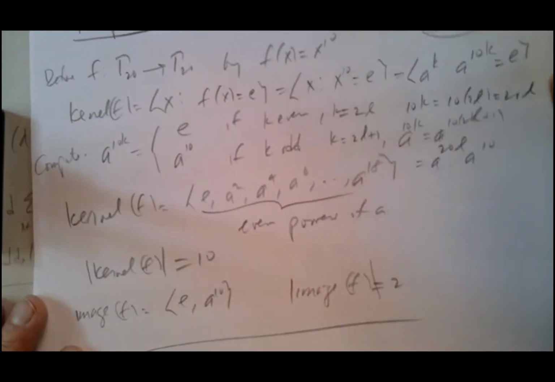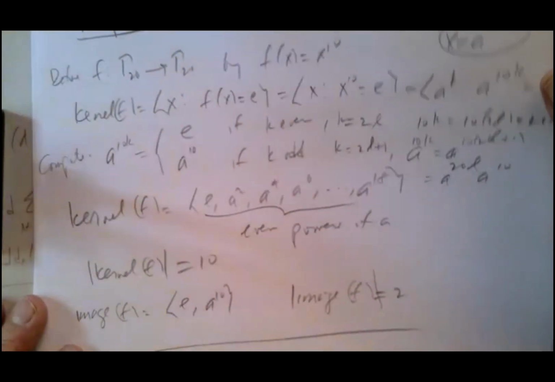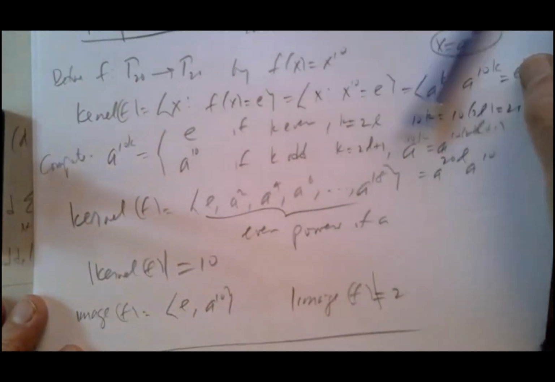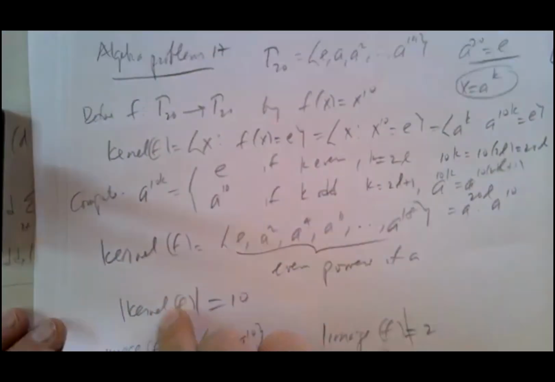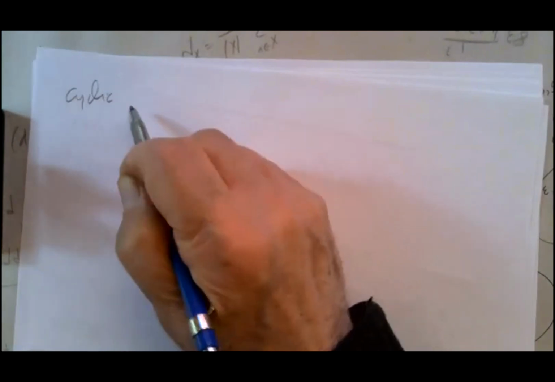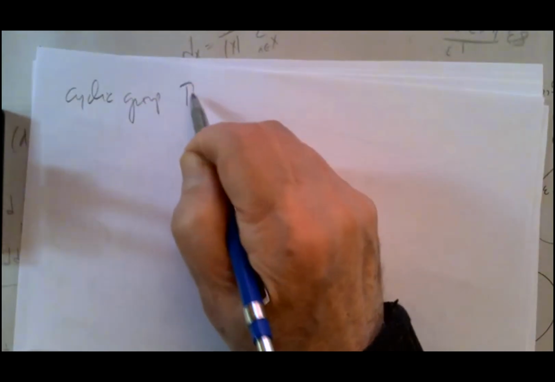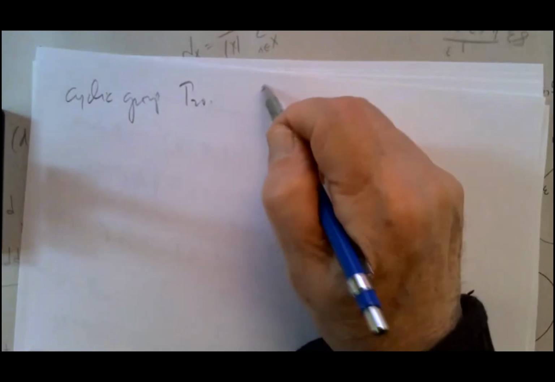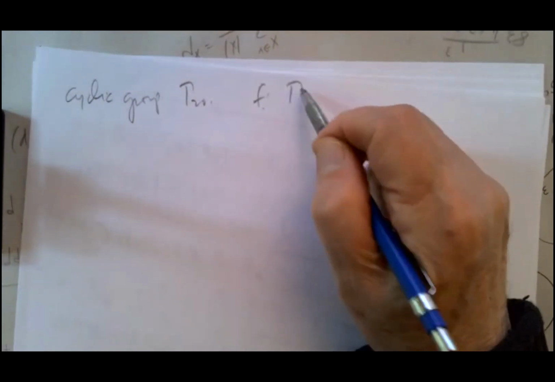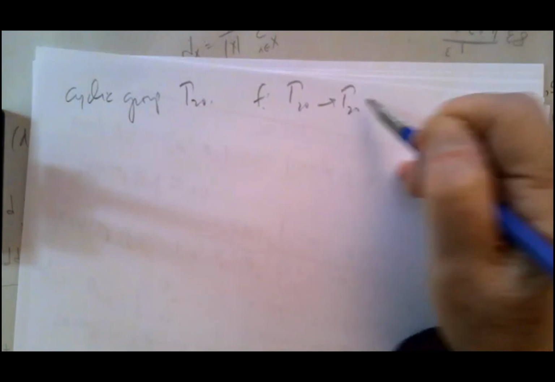Okay. Let me just do one more part of this problem and then I have to stop. So we're still looking at the cyclic group gamma 20, and we have this homomorphism from gamma 20 to gamma 20 defined by f of x is x to the 5th.